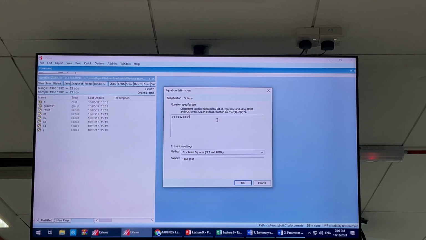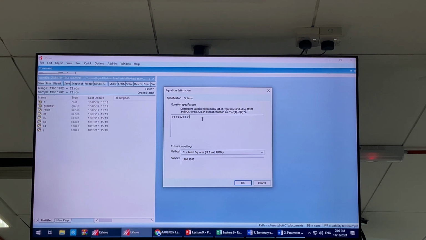For the stability test, it's just like we have two groups, like male and female. The first group is the period before 1977, and the second group is the period after. So it's just like we have two categories, before and after.